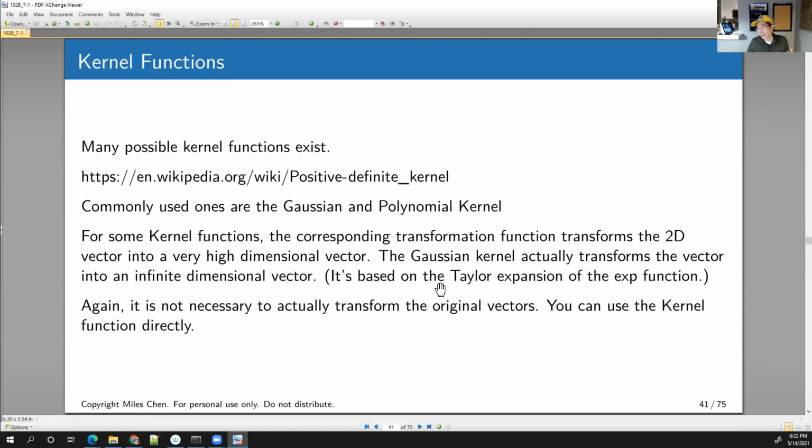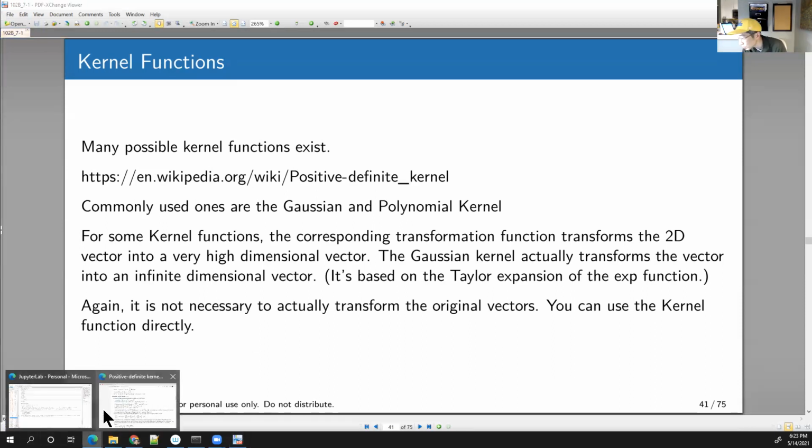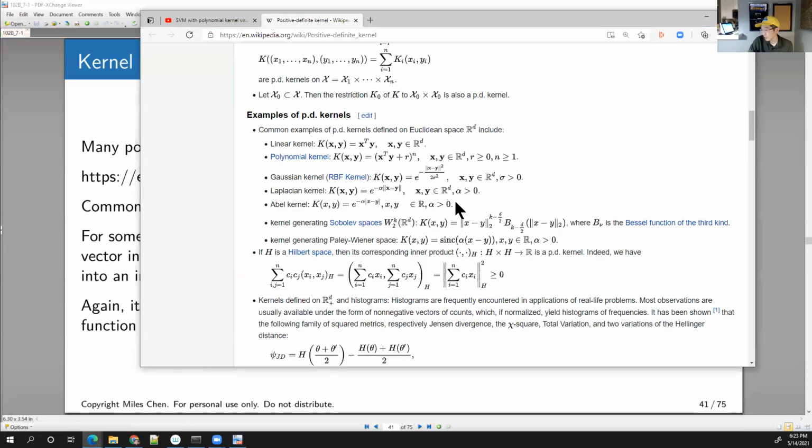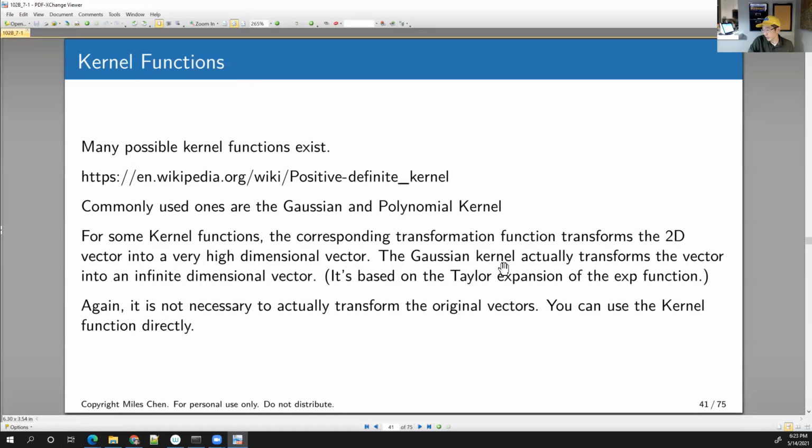Now you can get something approximately that by truncating it, but then the equivalent kernel function is not exactly e to the negative this, it's going to be approximately this. So anyway, that's what we do.